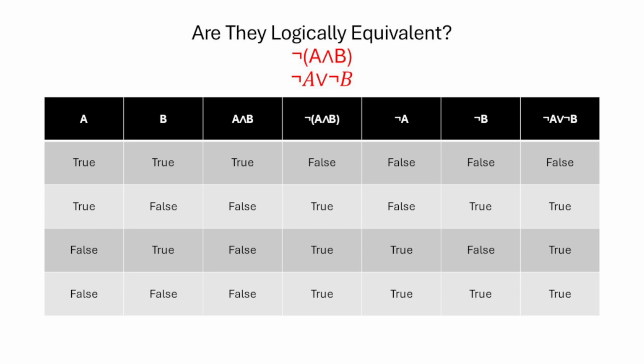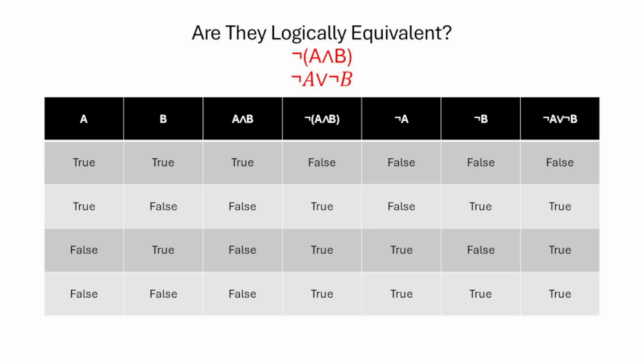Therefore, not A or not B is false. So as you can see, not A or not B has the same result, i.e. it's false, as not (A and B). And the same is true for every arrangement of true and false that we've got in there.